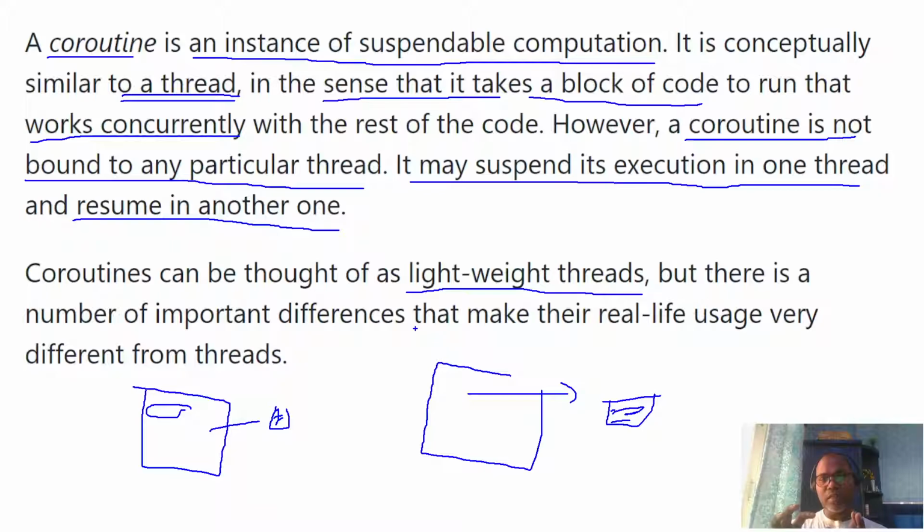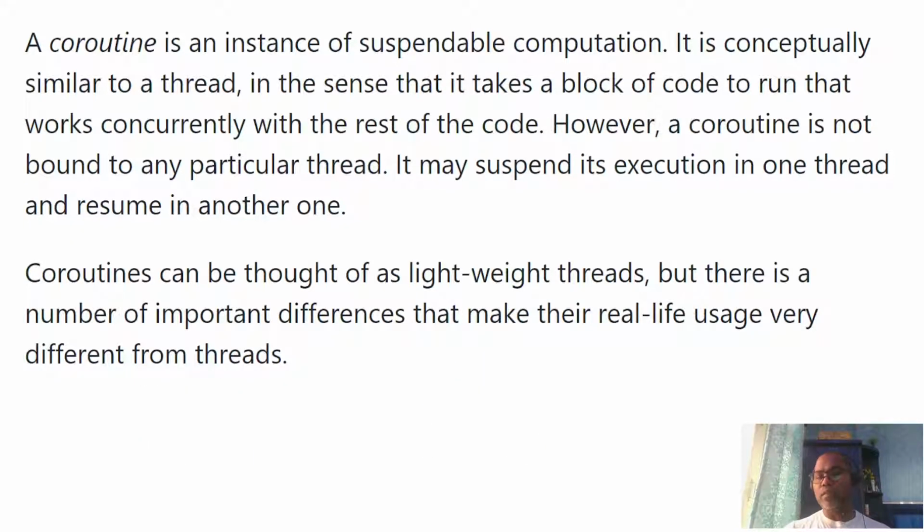That computation can be suspended in one thread and resumed in the same thread or in another thread. So this is the basic theory about coroutines, and let us jump into the practical.